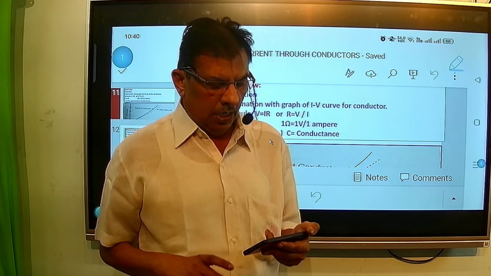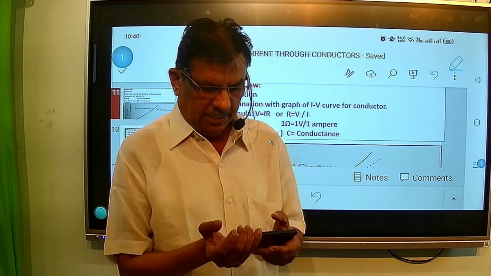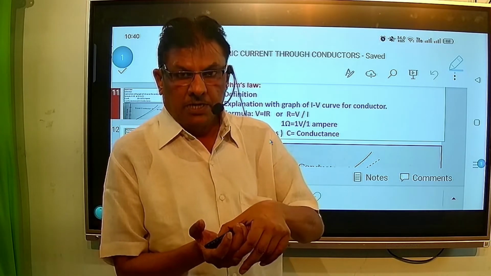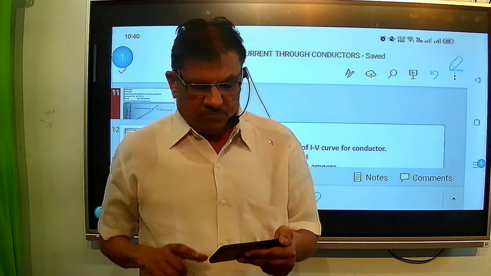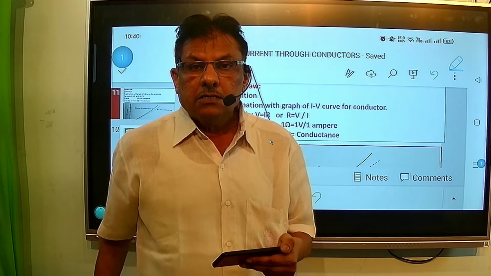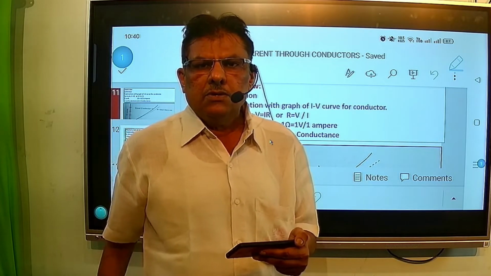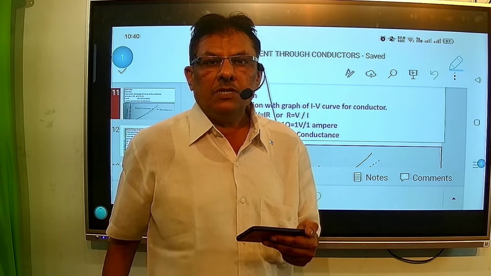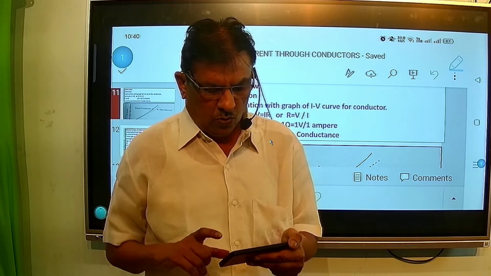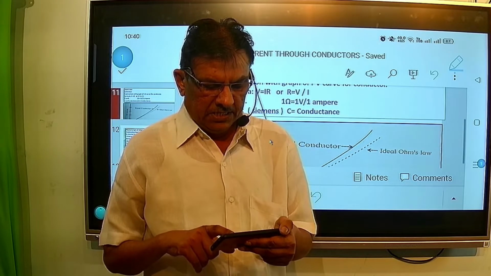So this resistance of the material is clear, and we have a unit for that resistance, which is called the ohm. Here it is given in the figure.